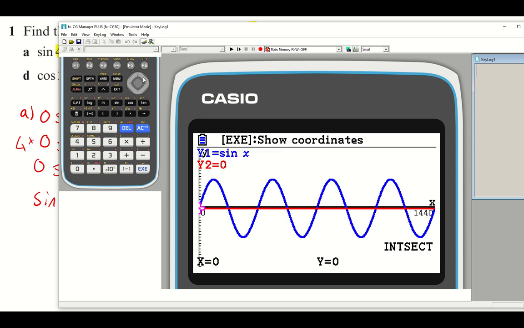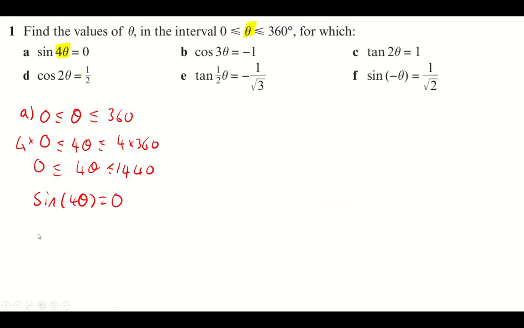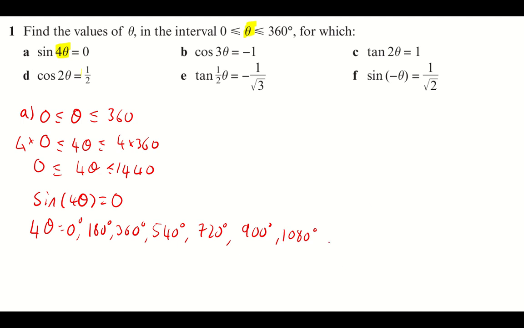G-solve, intersect, so I've got 0, 180, 360, and I'm kind of aware, if I keep clicking through those, it's just going to keep going up in 180s. So 0, 180, 360, 540, 720, 900, 1080, 1260, 1440.